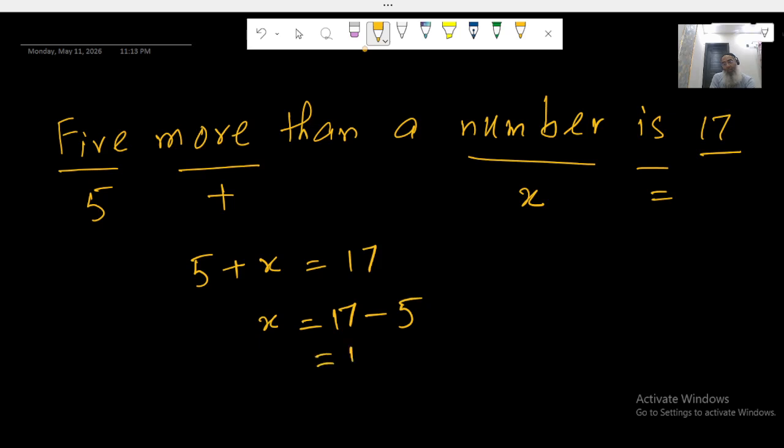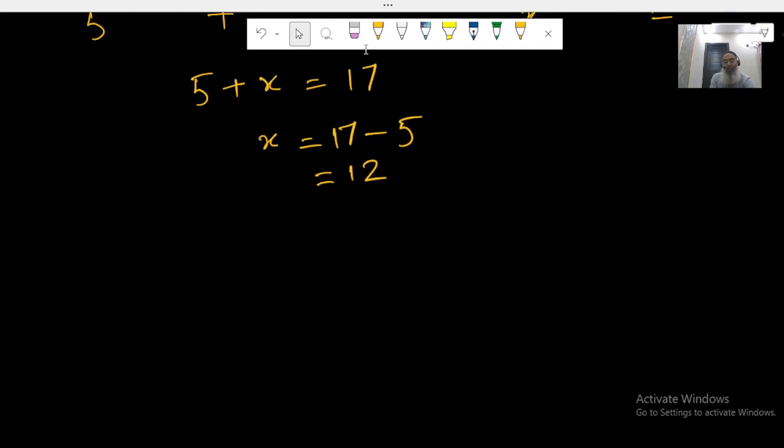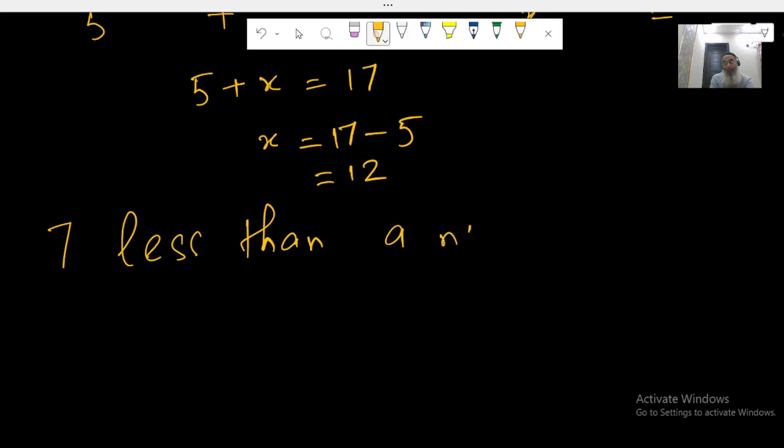It's only 12. Okay, so the other trick is to read the statement backward. This trick saves the students from very wrong equations. Look, 7 less than a number. I don't know that number, let's say that is x.